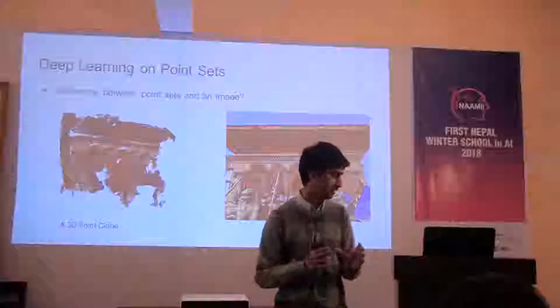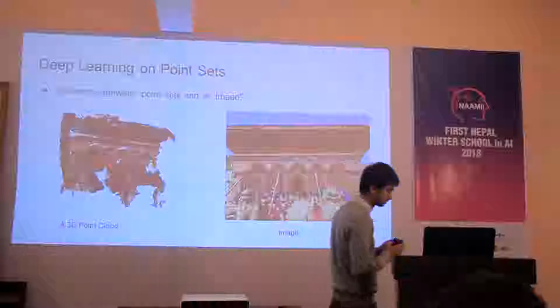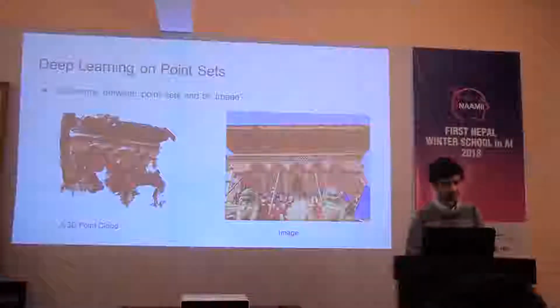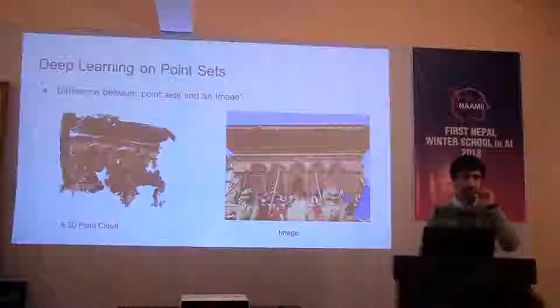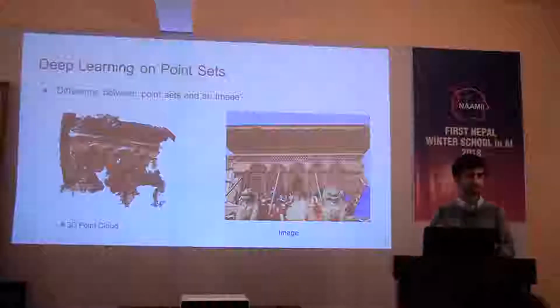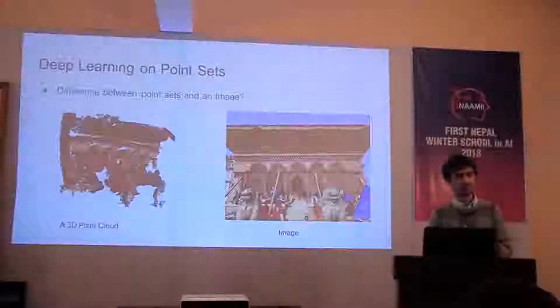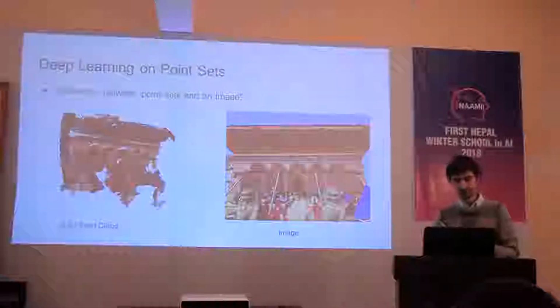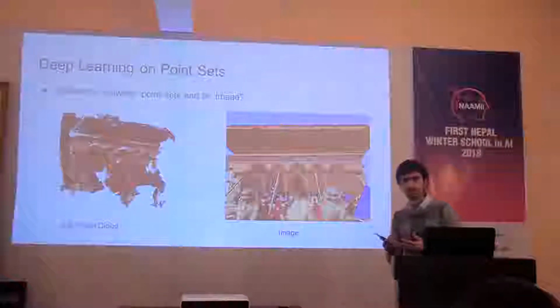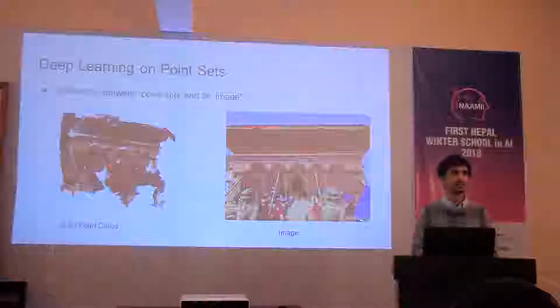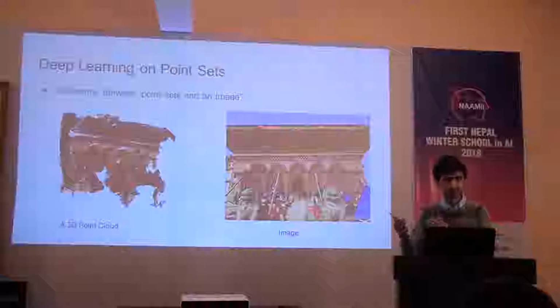So this actually introduces a particularly difficult problem, because you want to be invariant to the order of these points. Convolutions are not invariant to the order of the pixels.